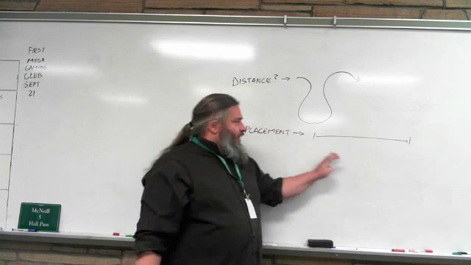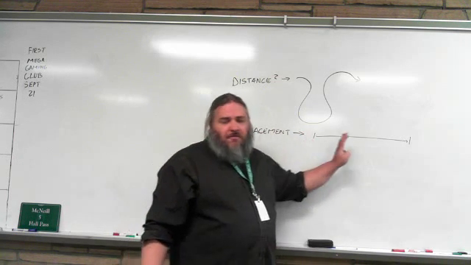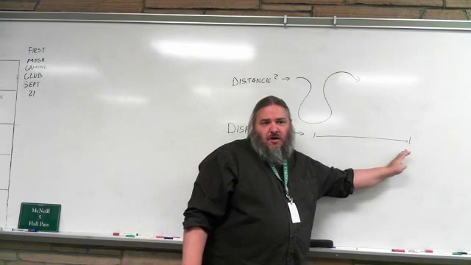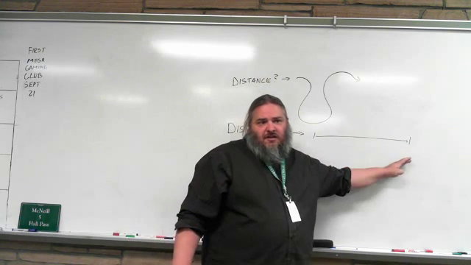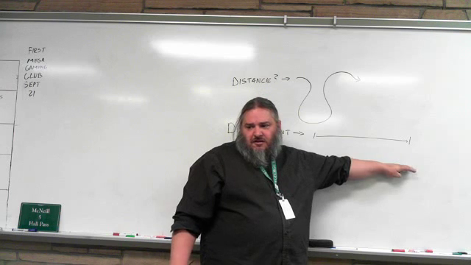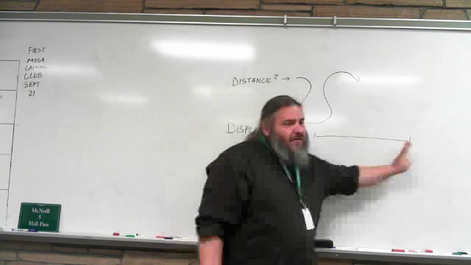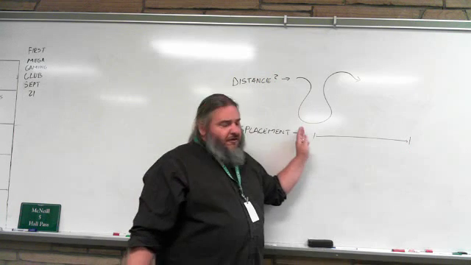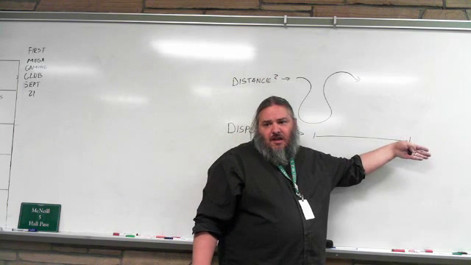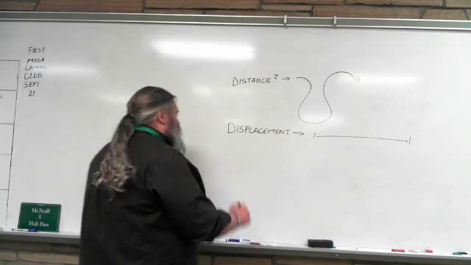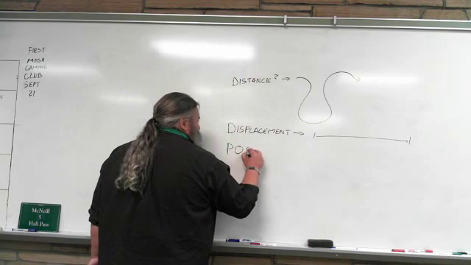And more importantly, displacement has a direction. It's carrying how much space is in between, and in what direction do I need to travel to get to my final position. That's what displacement is referring to. The space in between those two points and the direction in which you travel to get there. Cool?